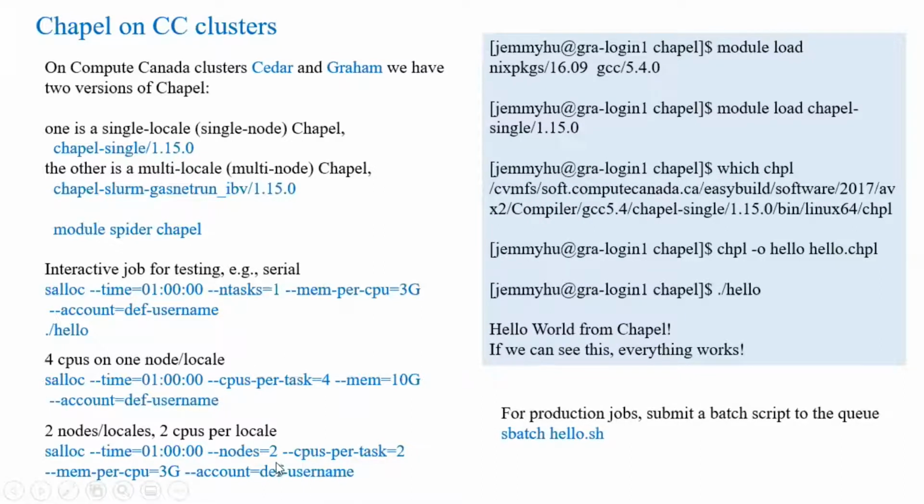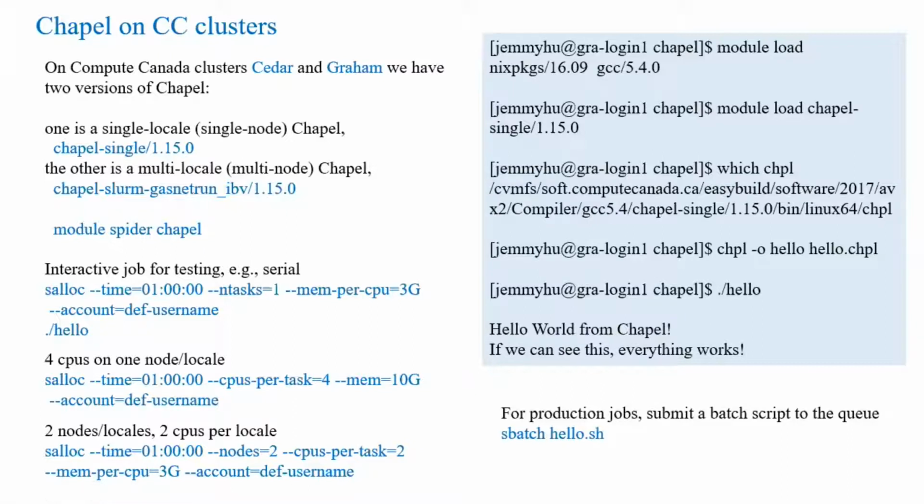And the other one, with salloc, you can ask for 2 nodes, and each node will have 2 CPUs. In this case, we can test Chapel code running cross-node.